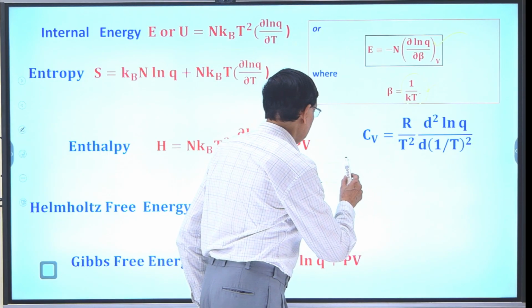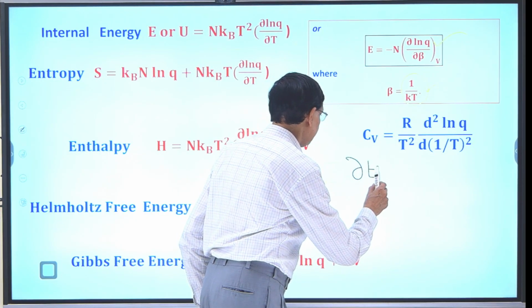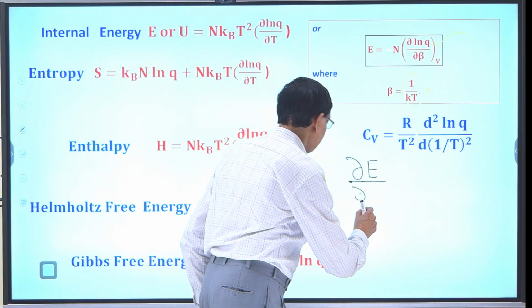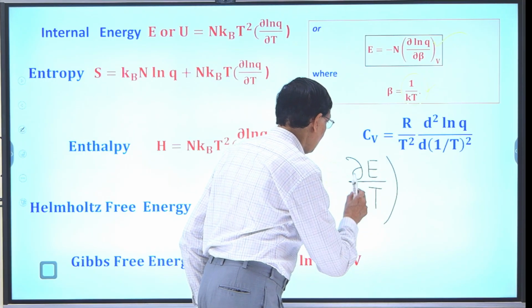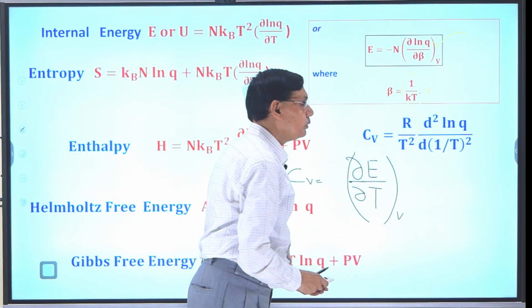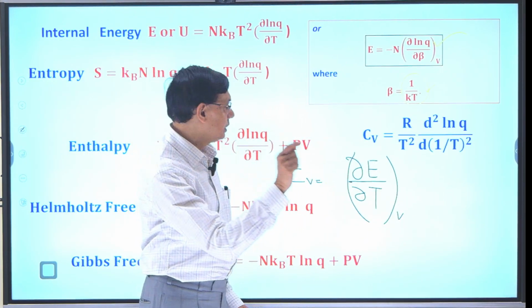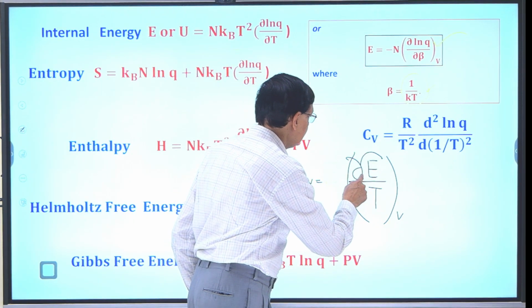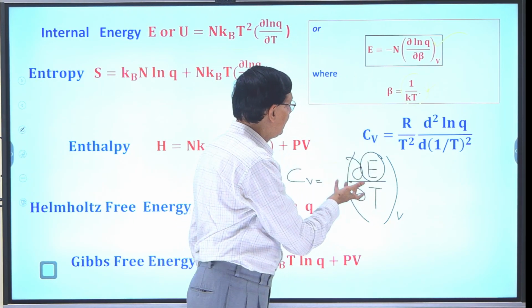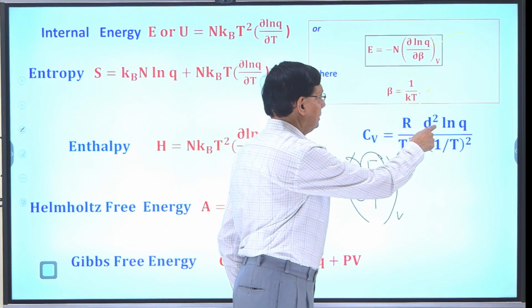You know that it is the change in internal energy with respect to temperature at constant volume. So what I have to do is substitute the value of this internal energy, and I will get this value, R, natural log.